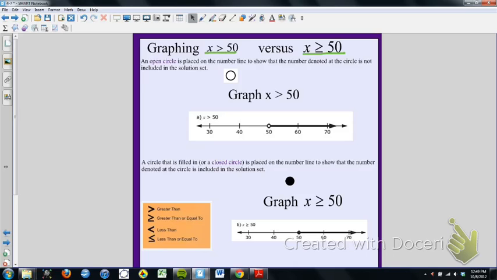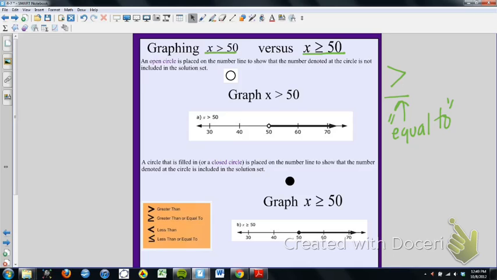So the greater than or equal to, this little symbol means equal to. So it means that whatever the variable is, it actually can be equal to the number on the right. An open circle is placed on the number line to show that the number denoted at the circle is not included in the solution set.